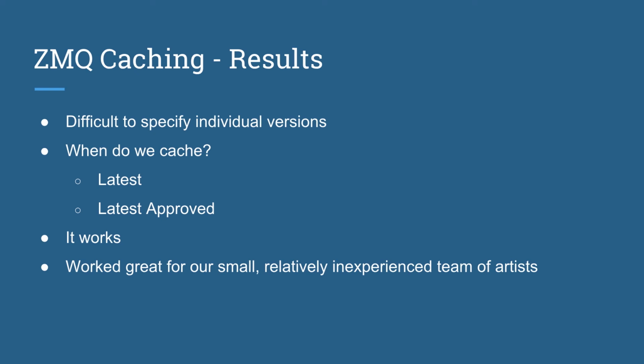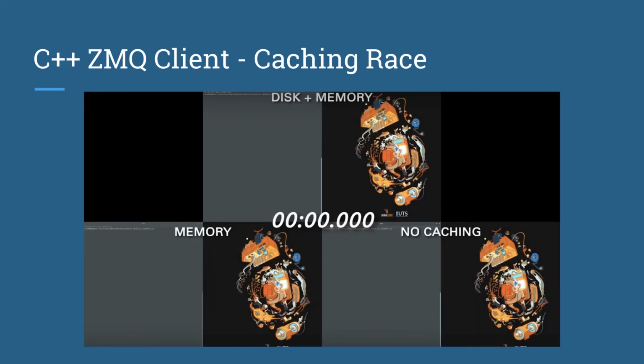Because we have such a smaller, relatively inexperienced team of artists, we just wanted to make sure that the art they were creating was getting seen as quick as possible and then fixed as quick as possible. Ultimately though, it works. The results from our pipeline can be seen in the work that we've created this semester, and we're really happy with everything we did.